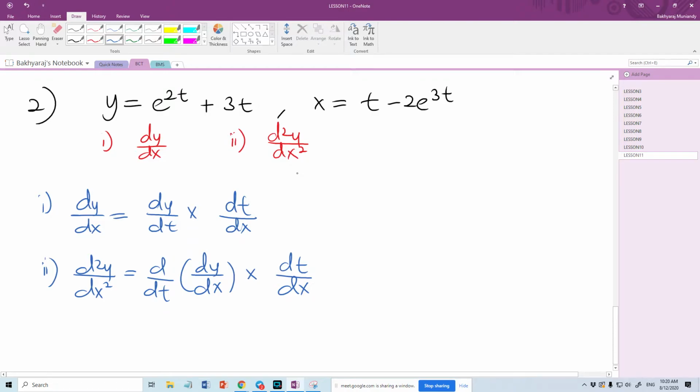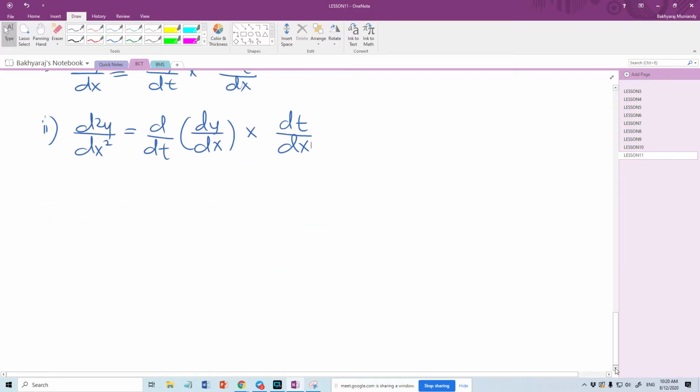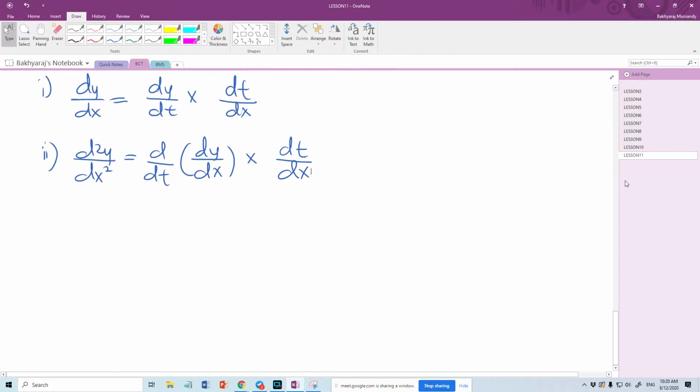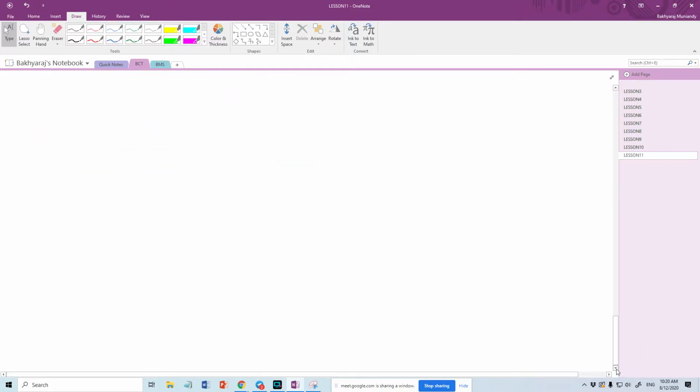Okay, now I give you the answer for Roman 1, dy over dx. So y is exponent 2t plus 3t, and x is t minus 2 exponent 3t.